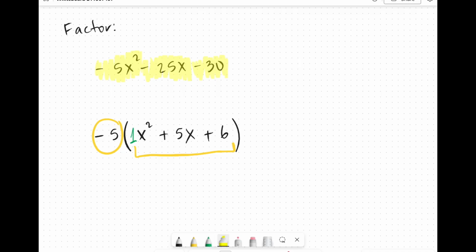So here I need to find two numbers that multiply to positive 6 and also add to positive 5. The numbers are 2 and 3. 2 times 3 is 6, 2 plus 3 is 5.